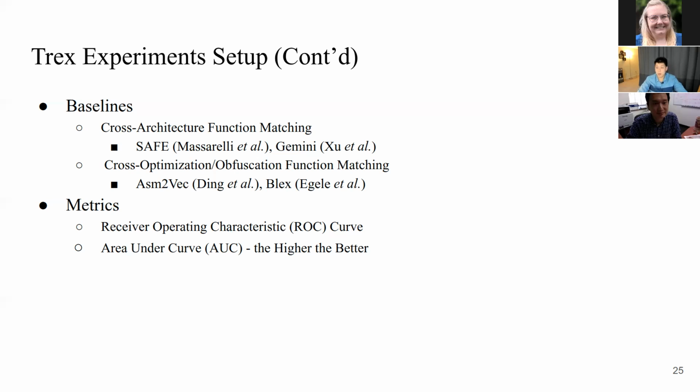To avoid the potential bias introduced by a specific chosen threshold value, we consider the receiver operating characteristic, the ROC curve, which measures the model's false positives and true positives under different thresholds. Notably, we use the area under the ROC curve to quantify the accuracy of TRACES to facilitate benchmarking. The higher the AUC score, the better the model's accuracy.